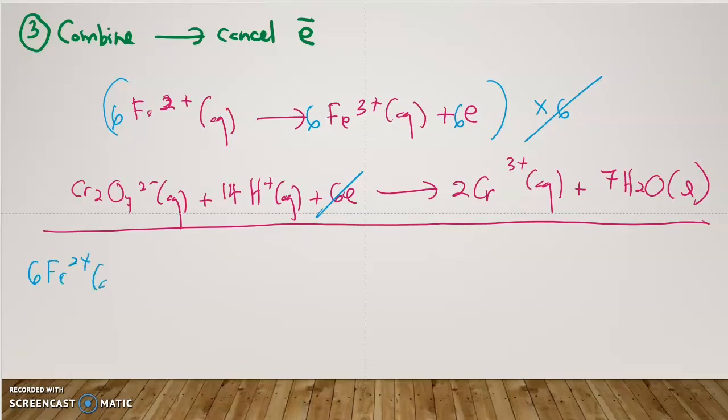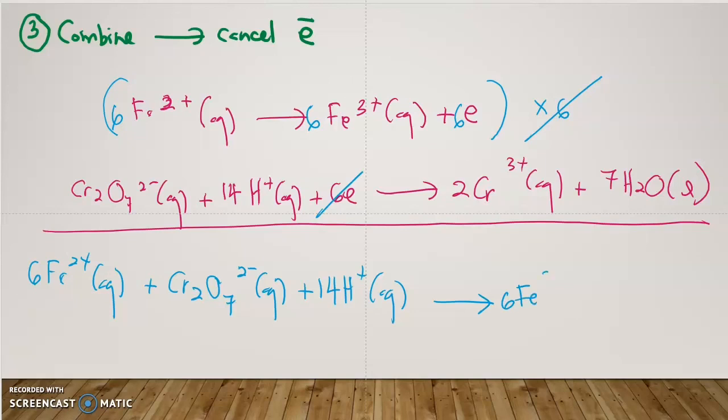6Fe2+ plus Cr2O7 2- plus 14H+ we produce 6Fe3+ equals 2Cr3+ plus 7H2O.